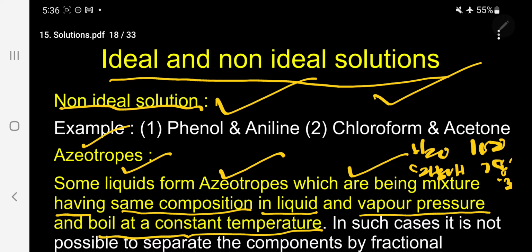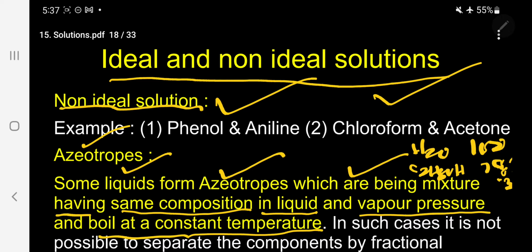So when we are mixing this, say for example 1 liter or 100 ml, and I want to separate this, what is happening? Neither pure water nor ethyl alcohol is coming out. Only a mixture of a particular percentage of water and ethyl alcohol is coming out as an eluent.